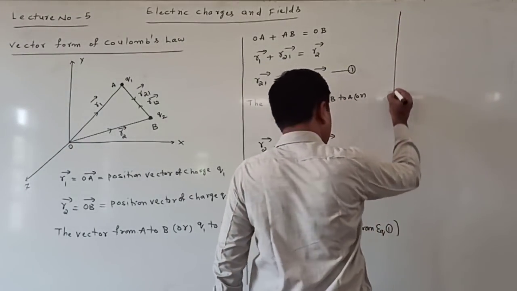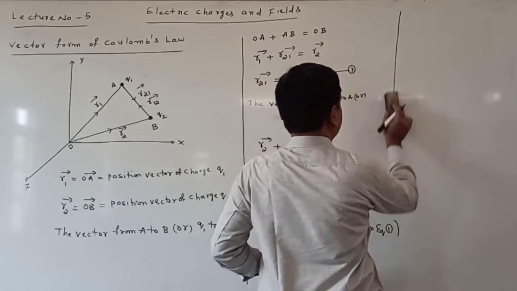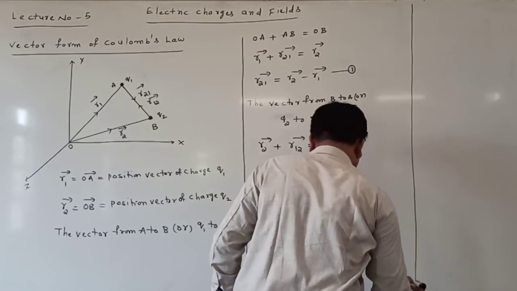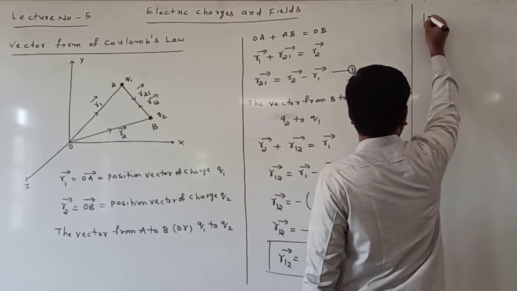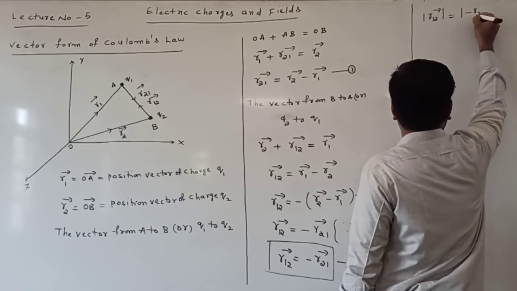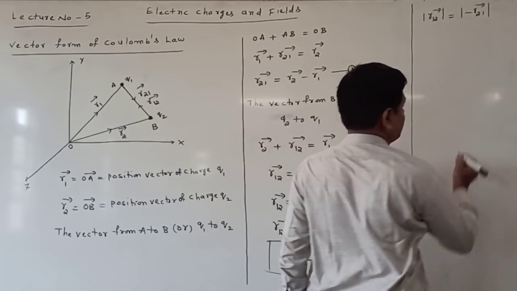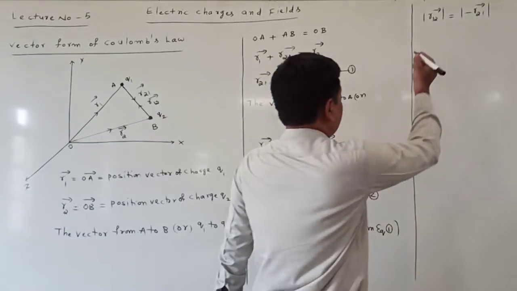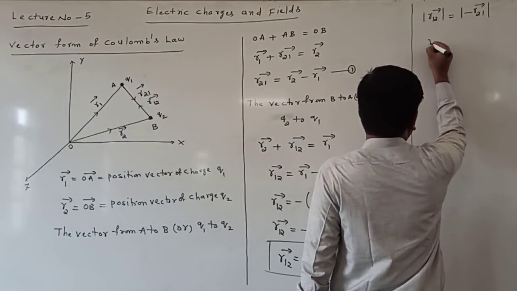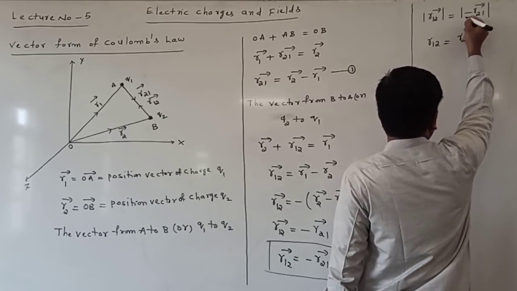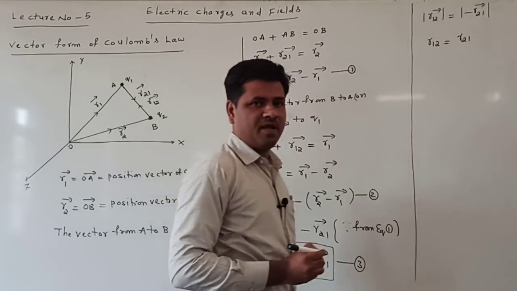Next, I want to find the magnitude of this. The magnitude means mod of R12 bar is equal to mod of R21 bar. Taking mod on both sides, the magnitude of R12 bar is R12 and the magnitude of R21 bar is R21. When taking the mod, minus becomes plus.